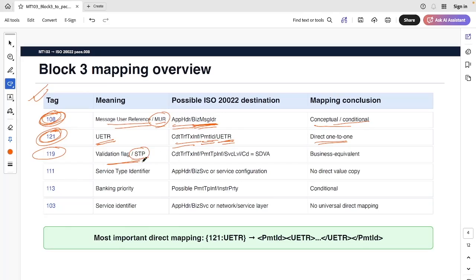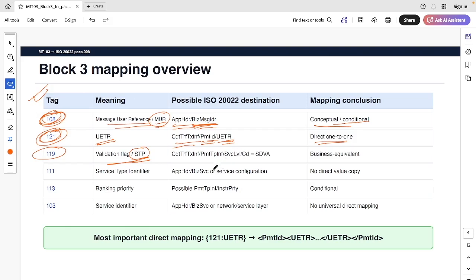So seeing STP in field 119 tells you that the entire outgoing pacs.008 message needs to comply with whatever usage guideline or profile has been defined for the STP value, STP style payments, automated payment basically.